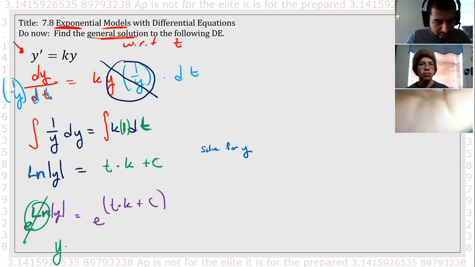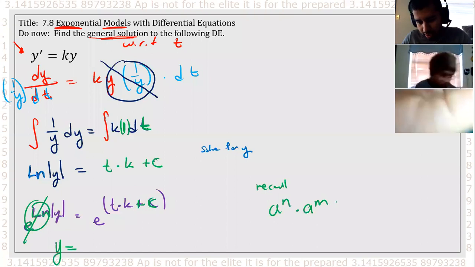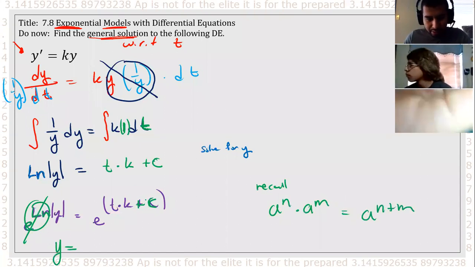So I got y equals, here's the part that's going to be a little confusing, e to the t times k, plus c. Remember, in order to add exponents, a^n times a^m is a^(n+m). So I can break up this addition if I remember that it's multiplication of the same base.